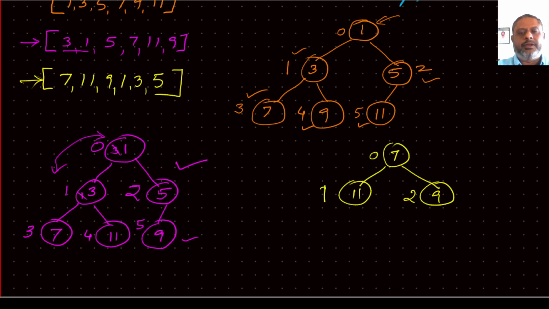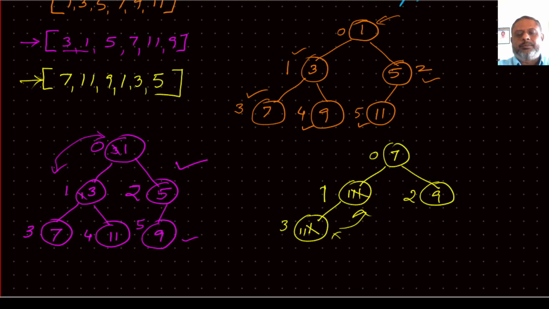Then the next value we get should be placed at position 3, whose value is 1. 1 is a child, 11 is the parent, so this is not admissible. Therefore, shift 1 a level up by swapping, and after swapping, this becomes 1 and this becomes 11.